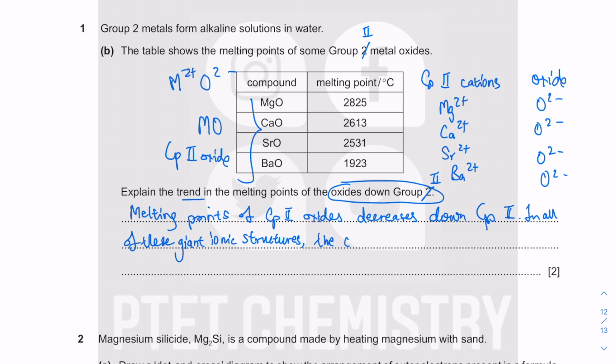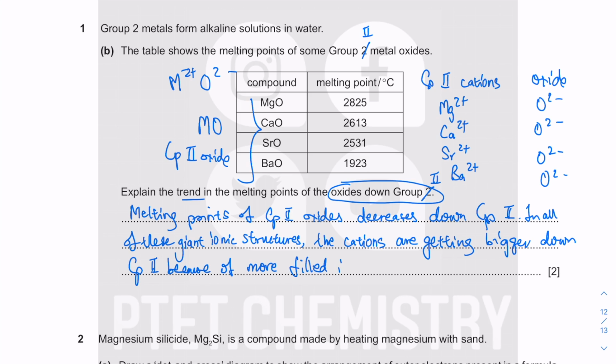So the cations are getting bigger in size down group 2 because of more filled inner electron shells.